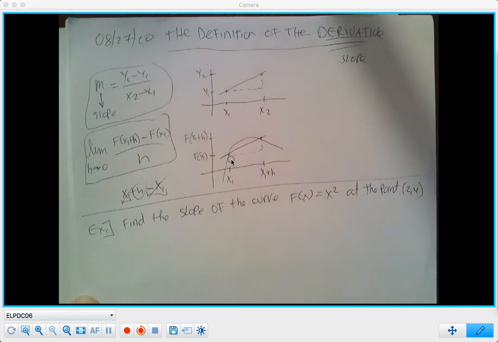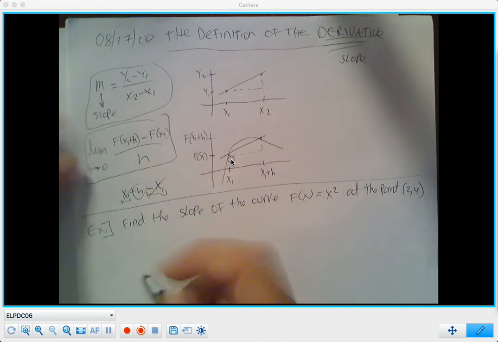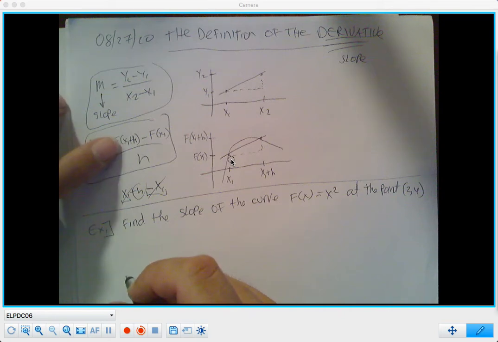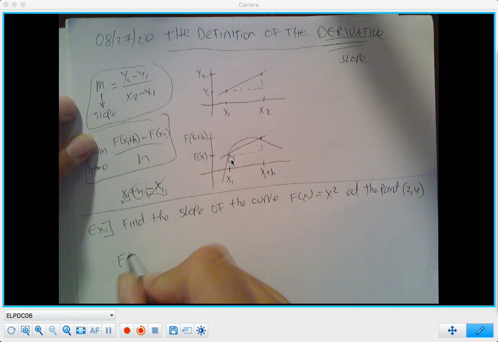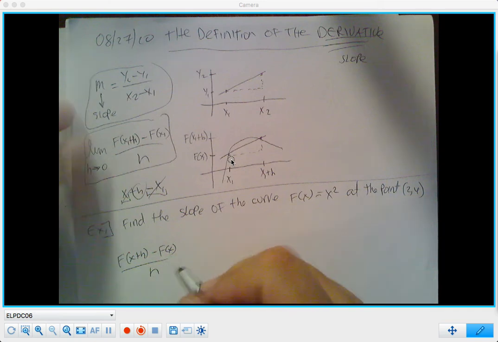Okay, so what I like to do is I always start writing the formula. I don't put the limit because it's going to take time, and then I take the little one away from it. So I just put f of x plus h minus f of x over h, and this is easier to memorize.